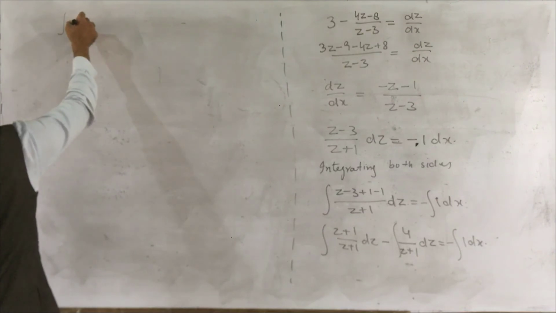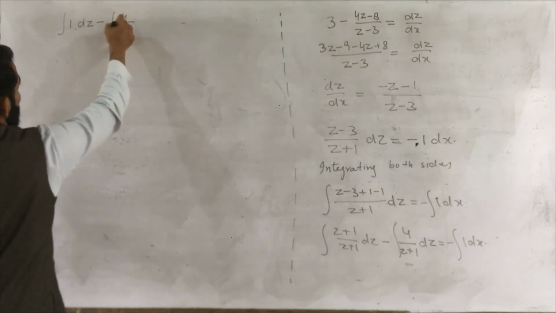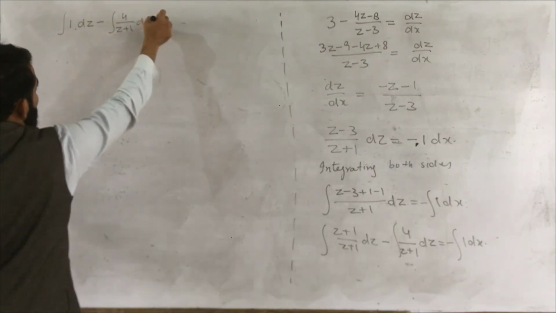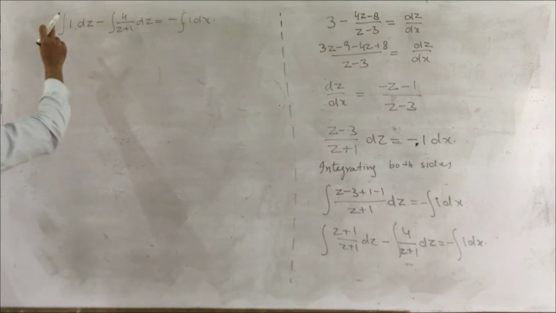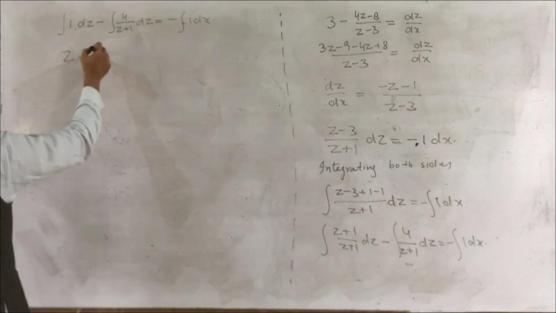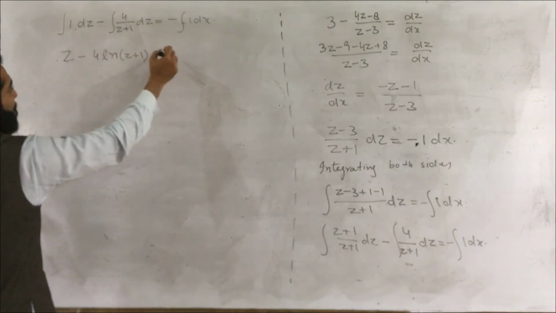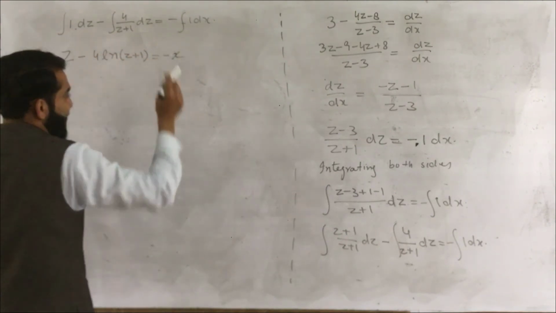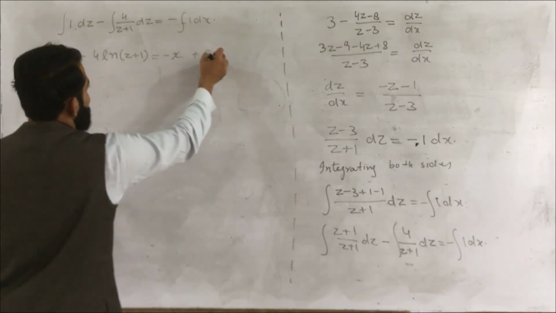Integration of 1 dz minus integration of 4 over (z plus 1) dz is equal to minus integration of 1 dx. The integration of 1 with respect to z is z, minus 4 natural log of (z plus 1), is equal to minus x plus c.